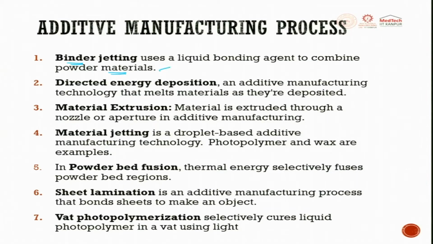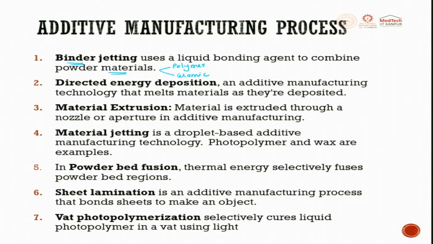So, this can be a polymer powder, it can be a ceramic powder also. What people do is they use binder jet, make a ceramic part, and this part is called the green part. Then the green part is put for heat treatment, then it becomes a final part. So, they use these two.